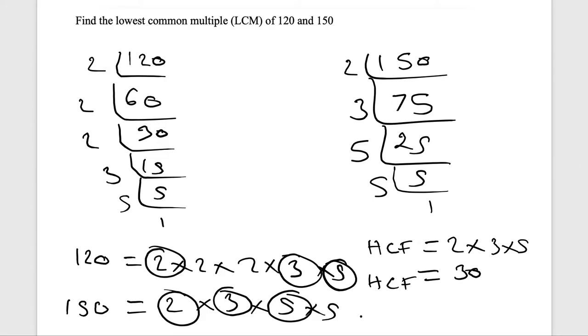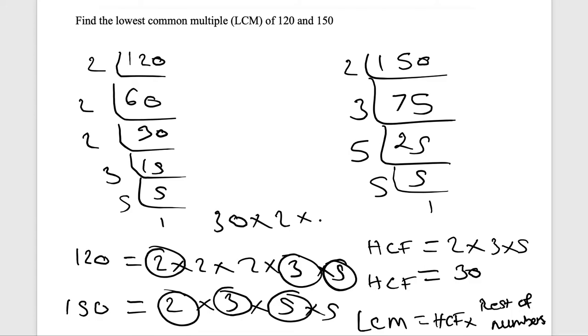Now to find our LCM, we do our HCF multiplied by the rest of the numbers. So we have 30 multiplied by 2 multiplied by 2 multiplied by 5.